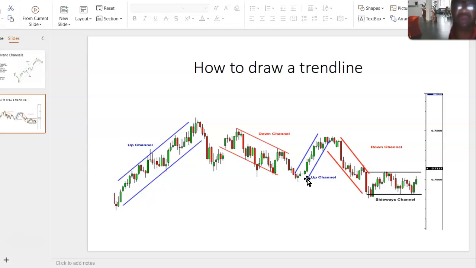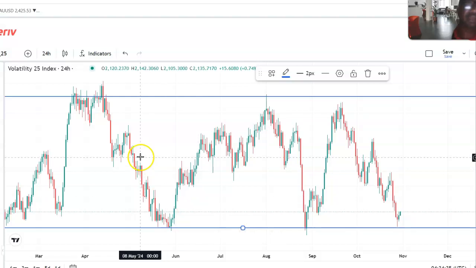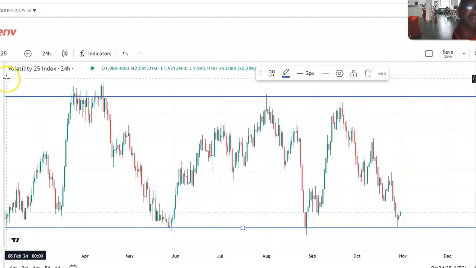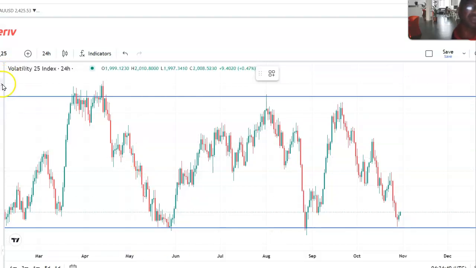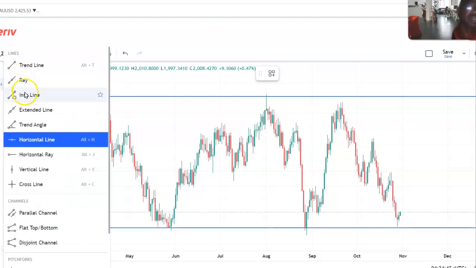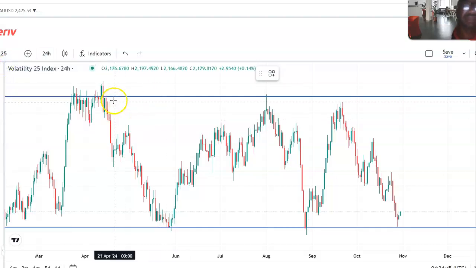So I like to take us back now into the raw chart so that you see how you can draw this. Okay, taking you back here now, let me show you how you can draw this. So on micro level, you do this.